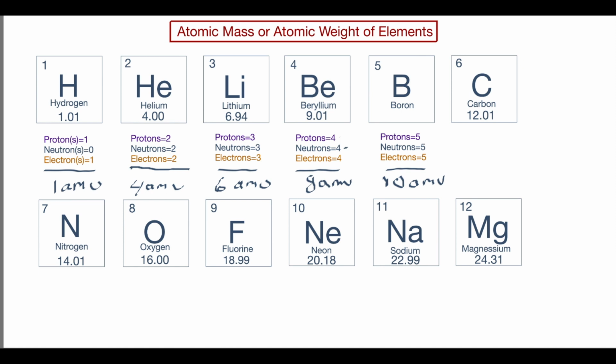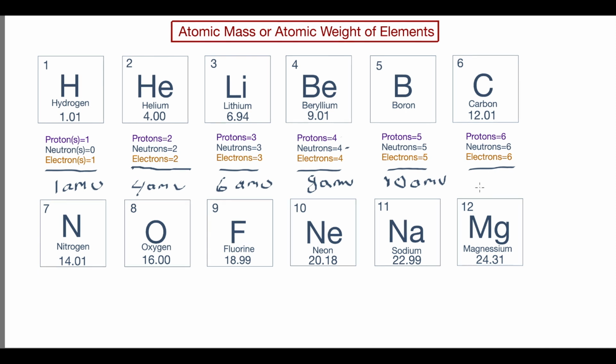Now, let's go to the next one. Carbon. Carbon has 6. We've already been through carbon. It has 6 protons, 6 neutrons, and 6 electrons. So the atomic weight should be 12 AMU because we added the 6 protons and the 6 neutrons. 6 plus 6 is 12, and we do have an average of 12.01. So we're close there.